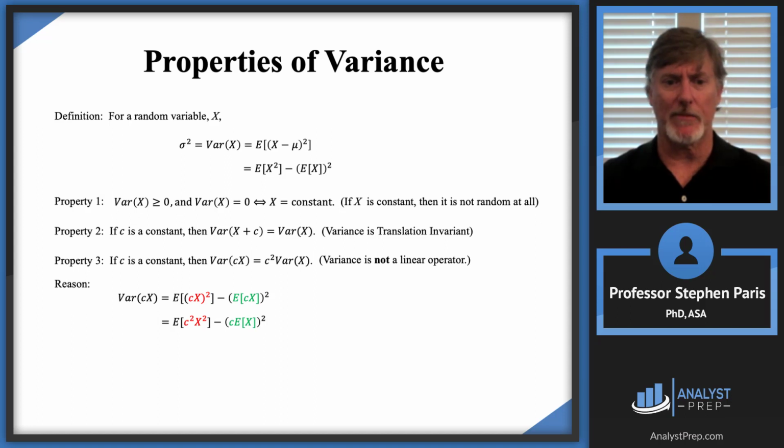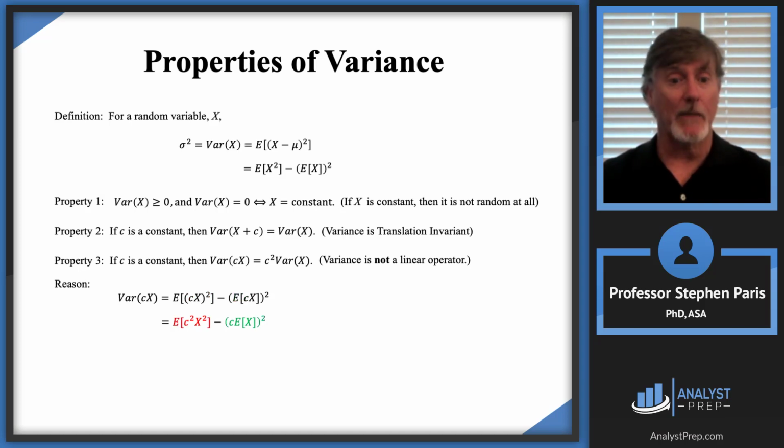Of course, C times cap X, squared, is the same as C squared times cap X squared. That's just algebra. And for what's in green, I'm using that the expectation is a linear operator, so I factor out the C there. The expectation of C times cap X is just C times the expectation of cap X. And that's what I have at this point.